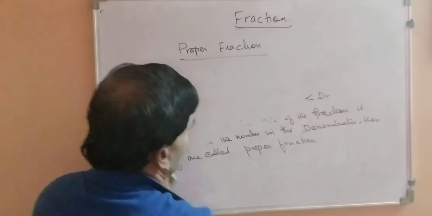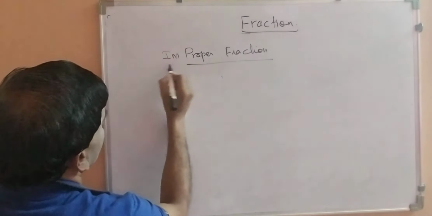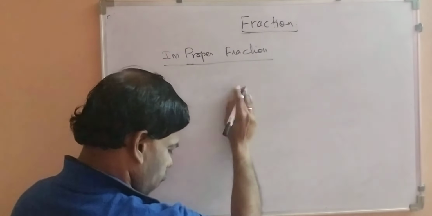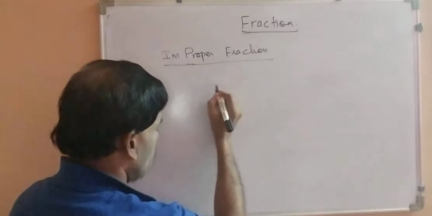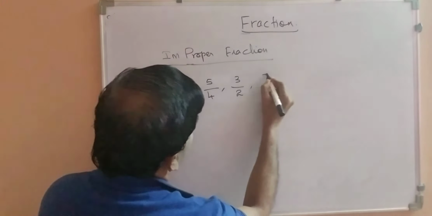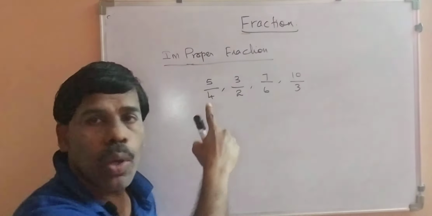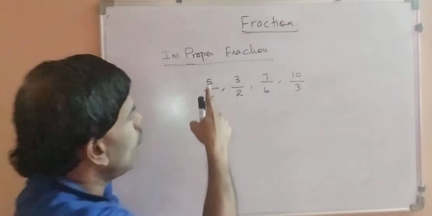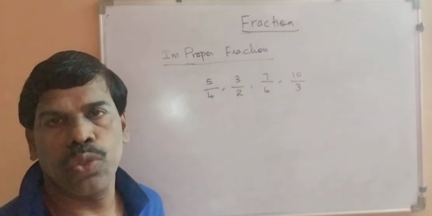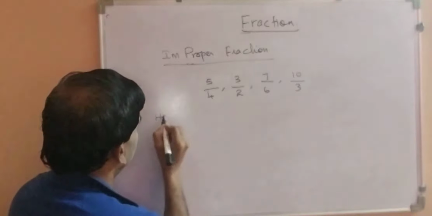So, if there is a proper fraction, then you should have an improper fraction also. Means the vice versa. See, for example, 5/4, 3/2, 7/6, 10/3. Here look at this. The number in the numerator is greater than the number in the denominator. So we call it an improper fraction.